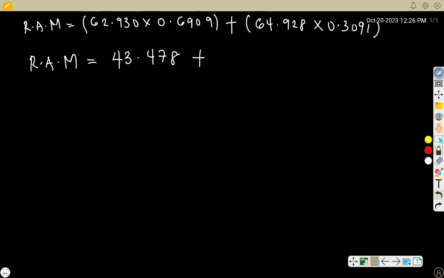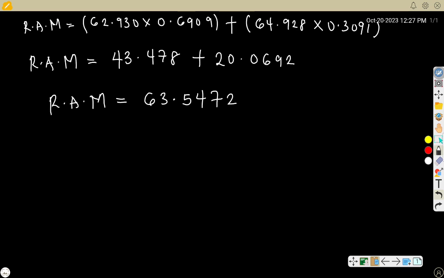Then 64.928 times 0.3091 gives 20.0692. Add the two together: the relative atomic mass equals 20.0692 plus 43.478, which is 63.5472. So that is the relative atomic mass.